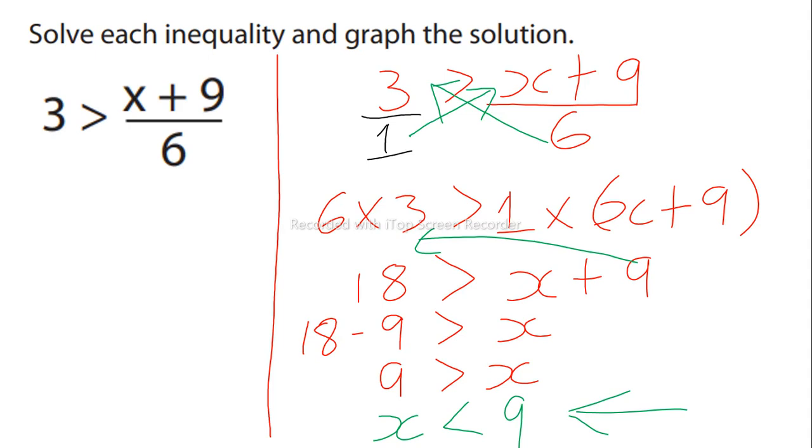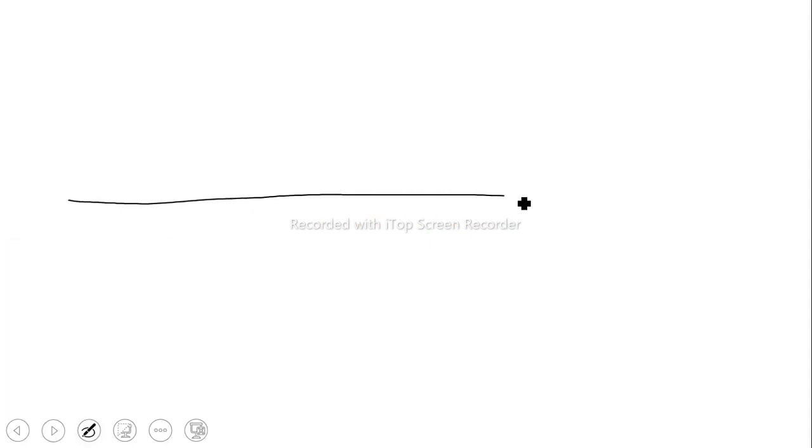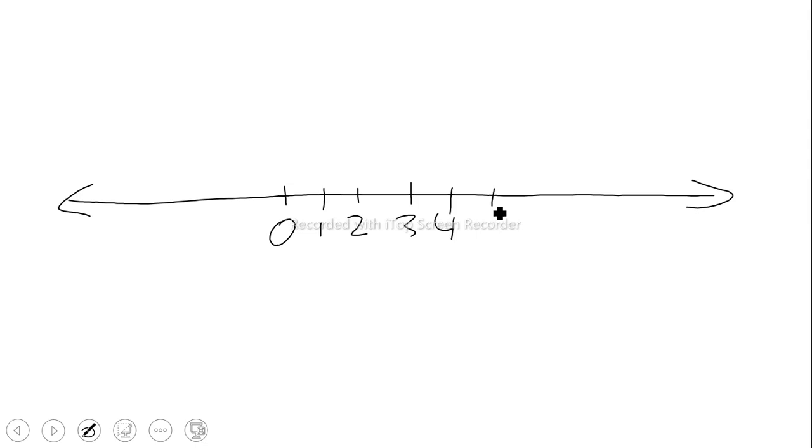Okay. So you want to graph the inequality x is less than 9. So again, we construct our number line, making sure that 0 is there, and we're going all the way to 9. So we have to make sure that that's clear on our graph. And then on the side, -1, -2, -3, -4.